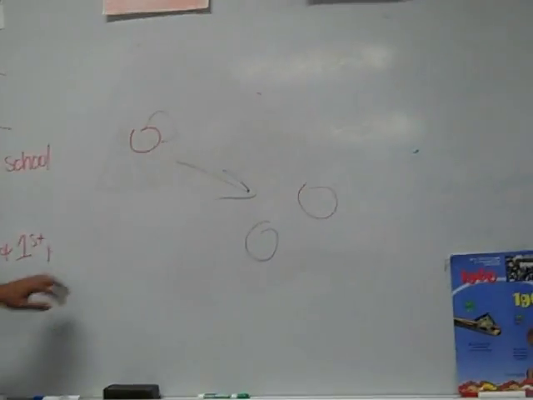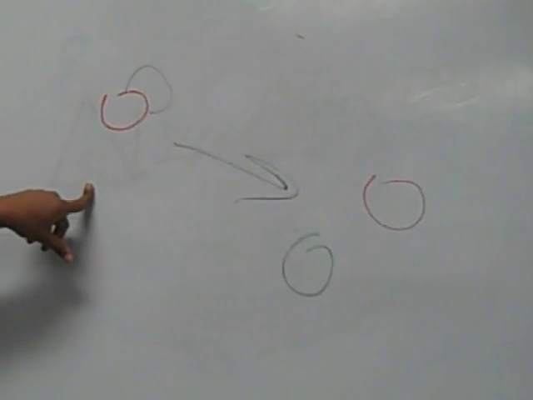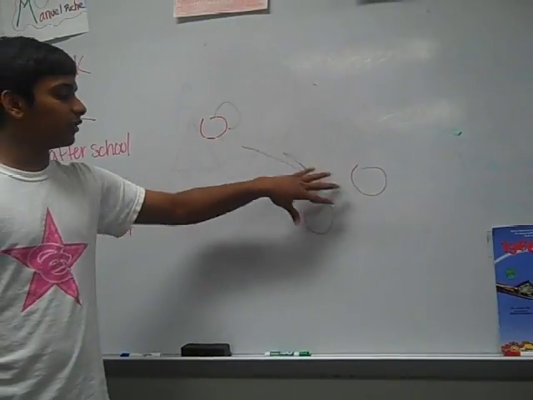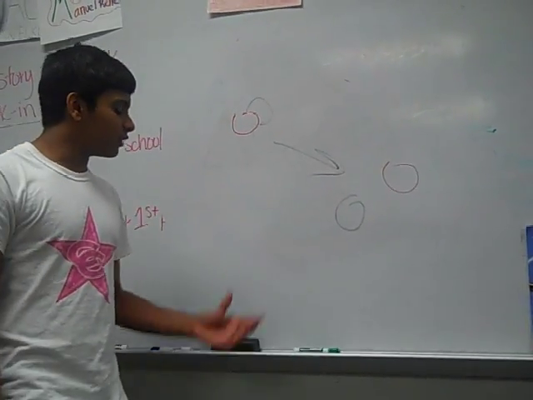But since we know this has more mass than this, to account for the change in mass, energy has to be emitted with this reaction. So when they break, it causes energy to flow. And that's a fission reaction.